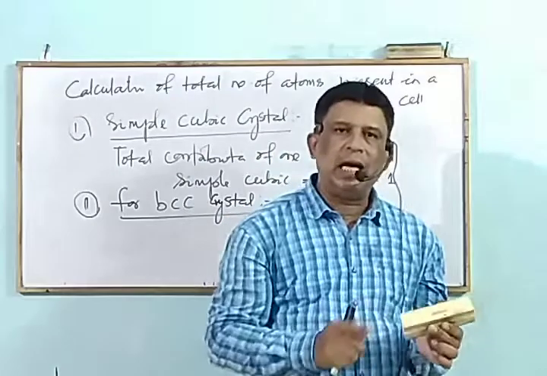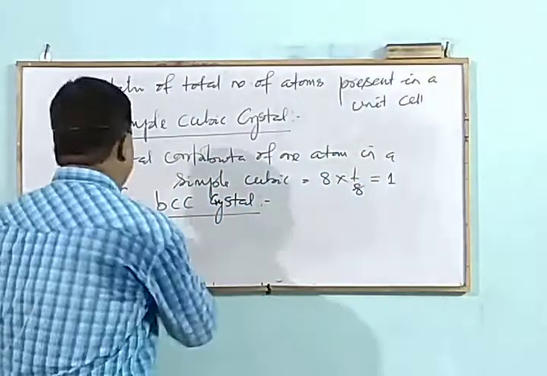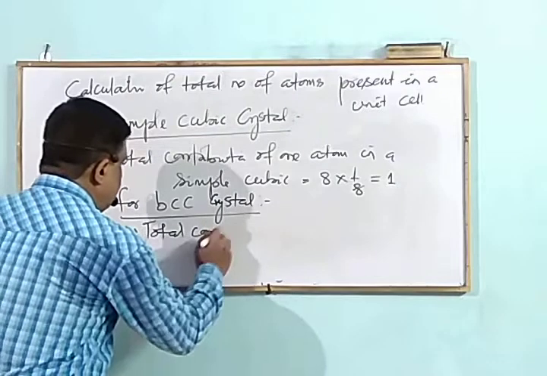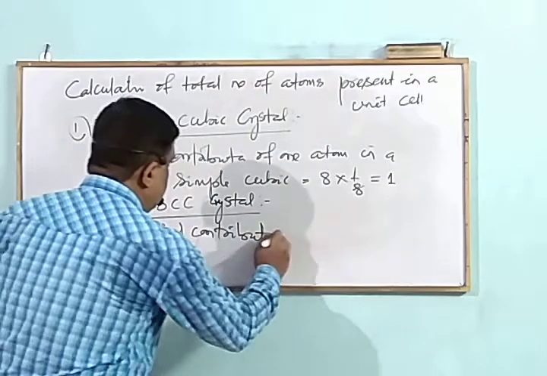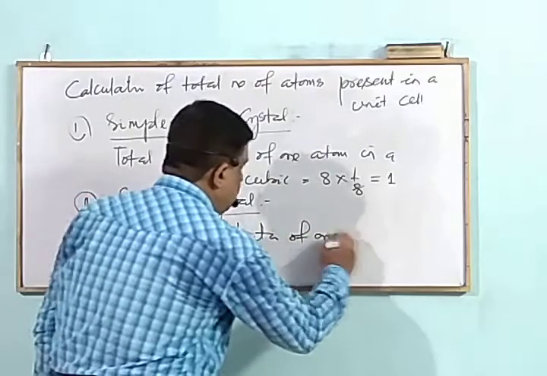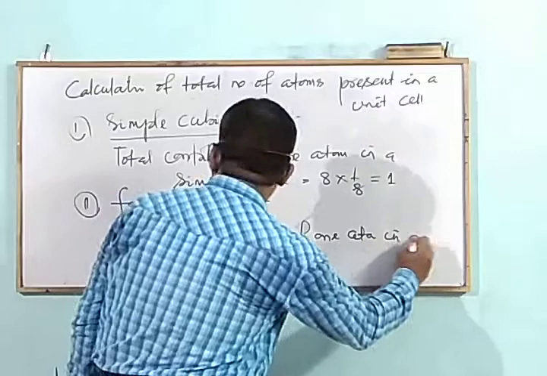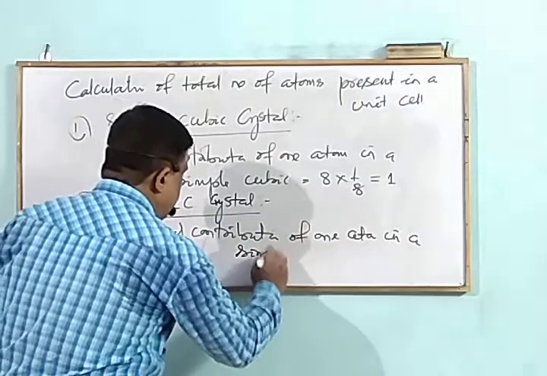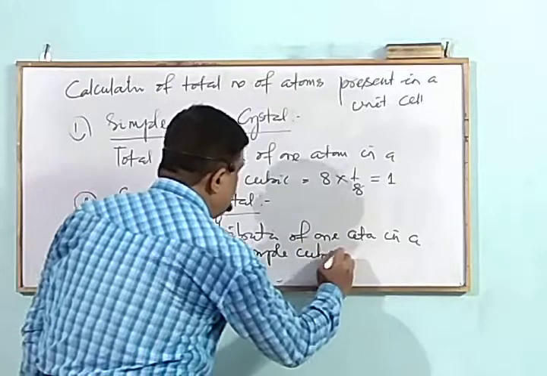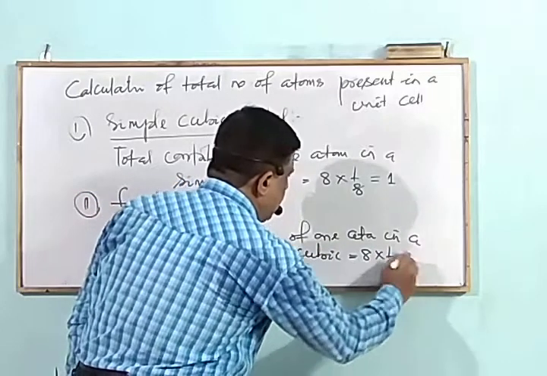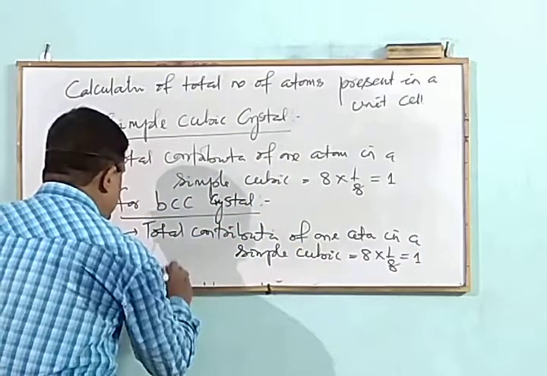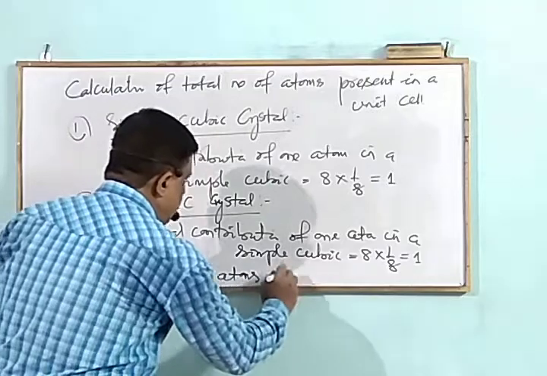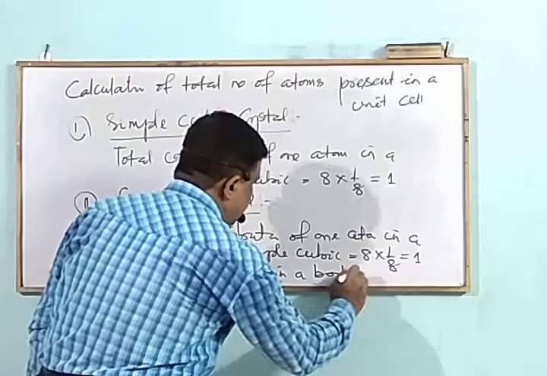So, first thing is there. Total contribution, bit 1, total contribution of atoms at the corners is equal to 8 into 1 by 8 is equal to 1, and the number of atoms in the body is equal to 1.